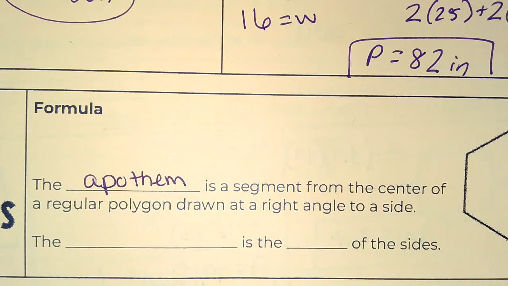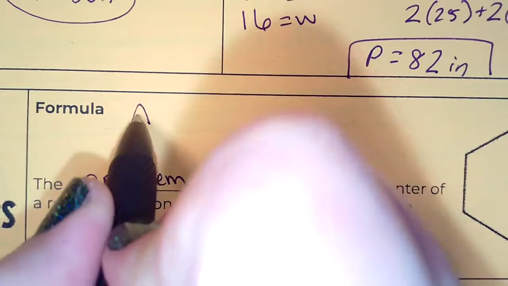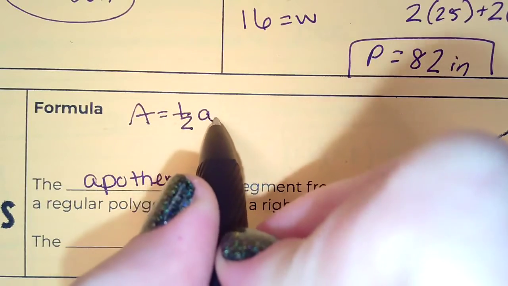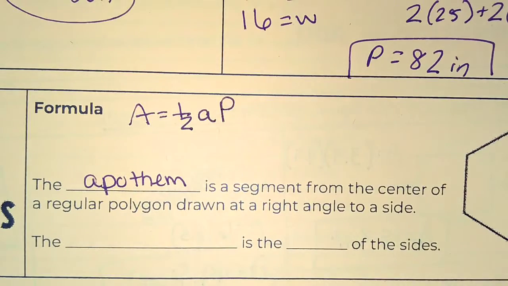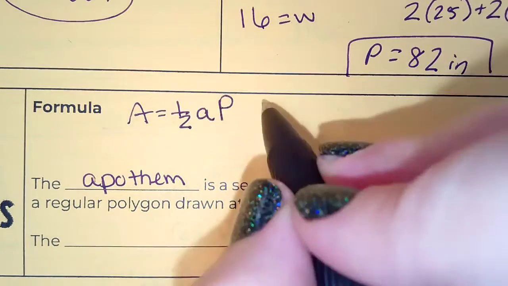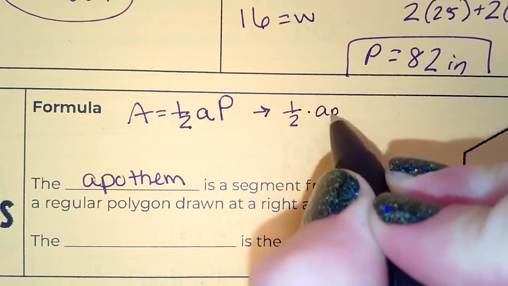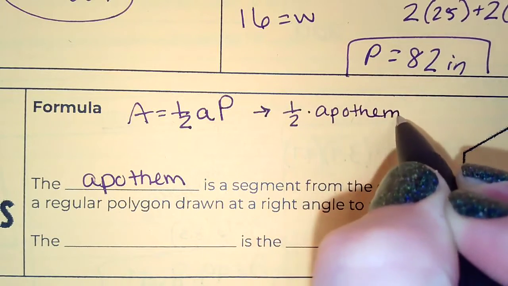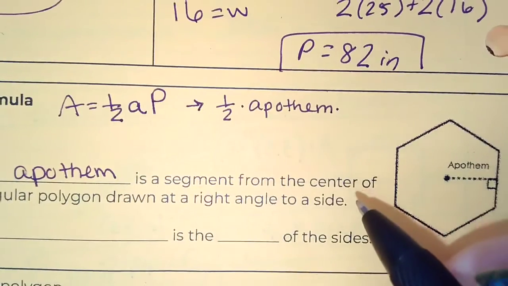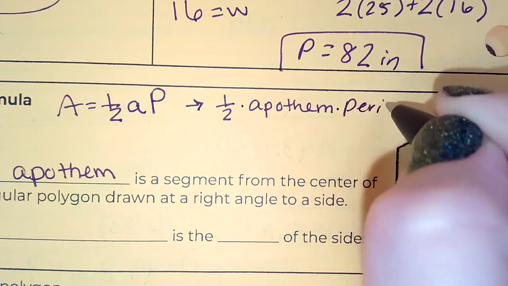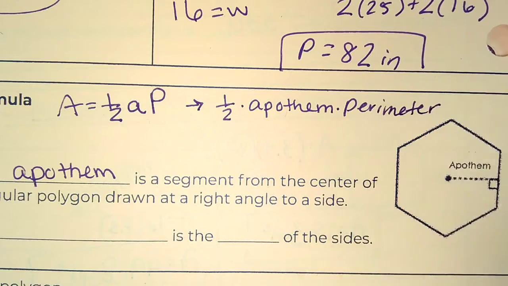So our equation for this is area equals 1/2 apothem and capital P. So what does this mean? 1/2 times the apothem, or you could say apothem, times capital P would be the perimeter of the shape.